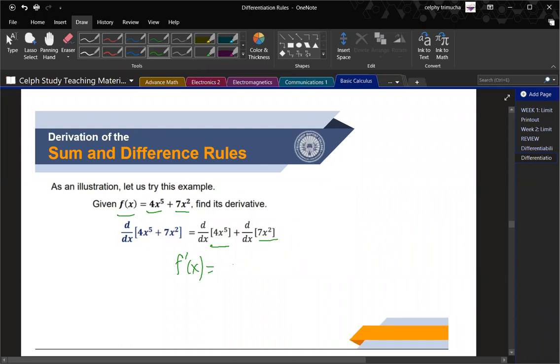Yes. Okay. Thank you. So we have 20x raised to the power of 4. So how about ang aton nga 7x squared? 14x. So that is 14x. So this now will be aton nga final answer para sa derivative.